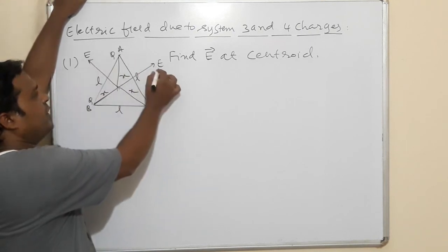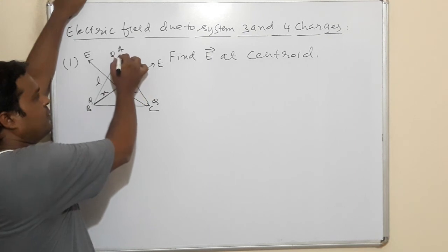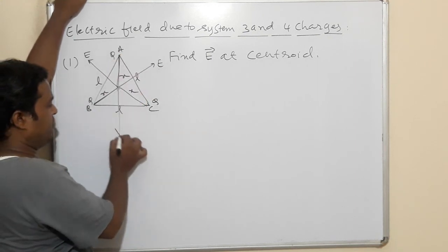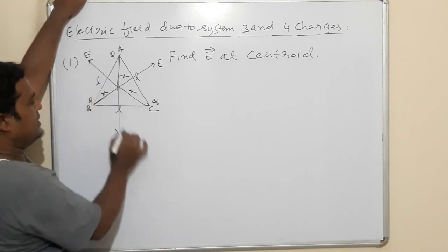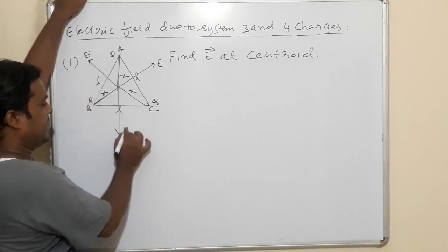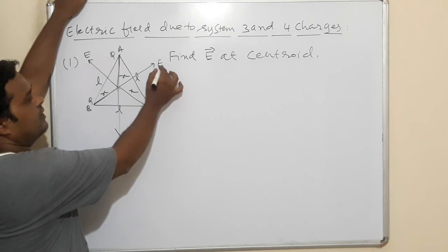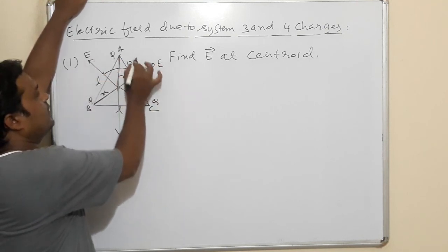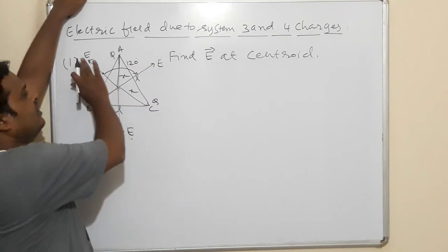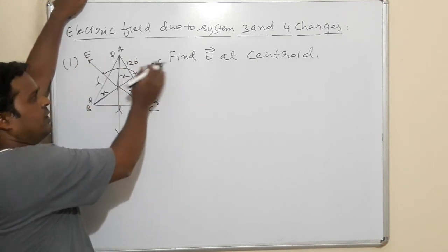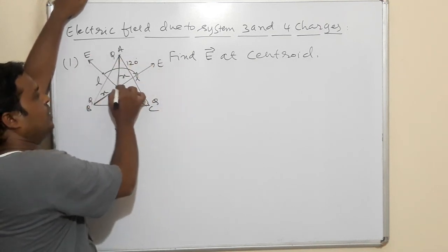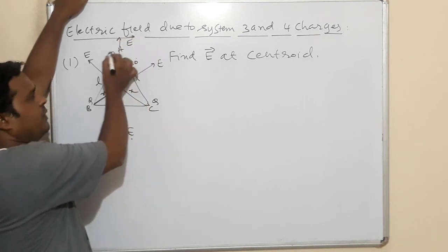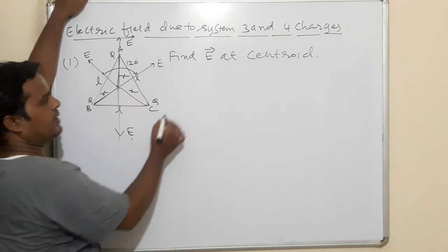And what is the field made by the charge placed at A? It will make the field in this direction. Observe the 3 fields: E, E, and the angle between them is 120. The resultant of these two will also be equal to E, in this direction, and the electric field due to this charge will be in the opposite direction.